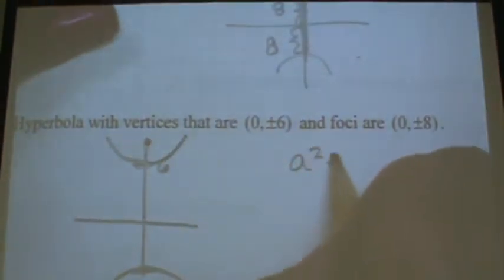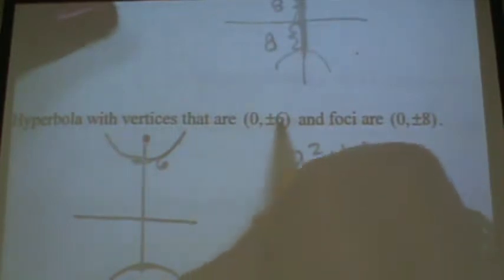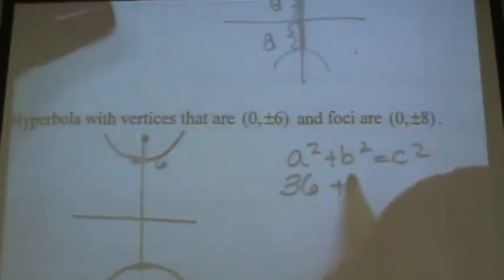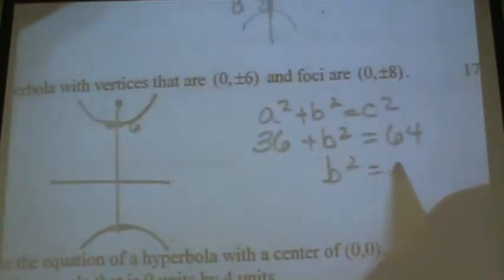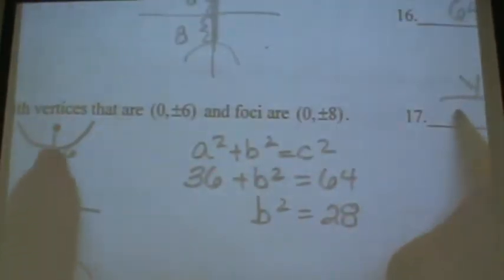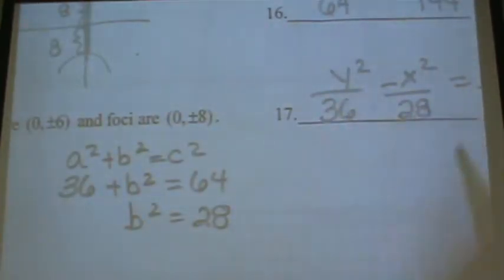So I know A squared plus B squared equals C squared. So if A is 6, you're going to put 36 here. And C is 8, you're going to put 64 here. Subtract and you get 28 is your B squared. So what are you going to put underneath y? You're going to put 36. And you're going to put 28 here.